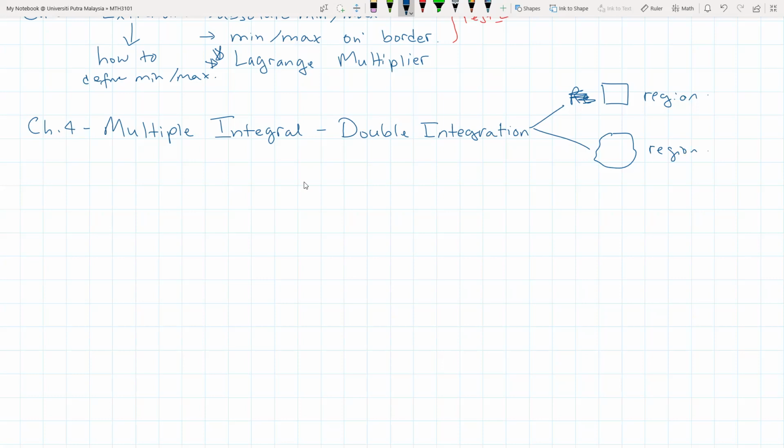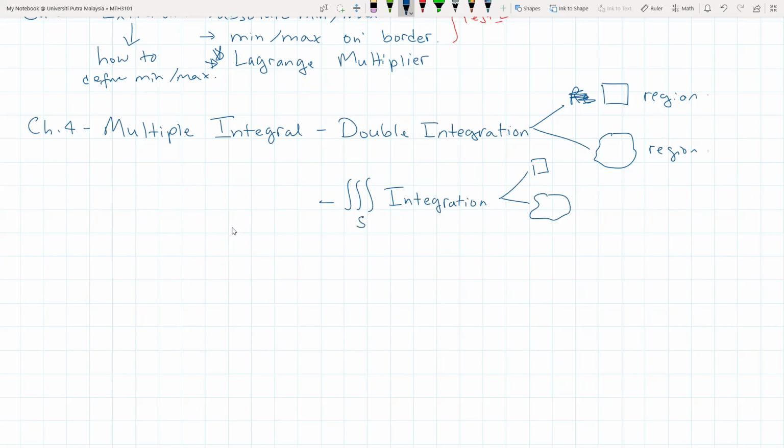And you also have triple integration. Same thing, you have either a rectangle region or a general region. So this is under S.